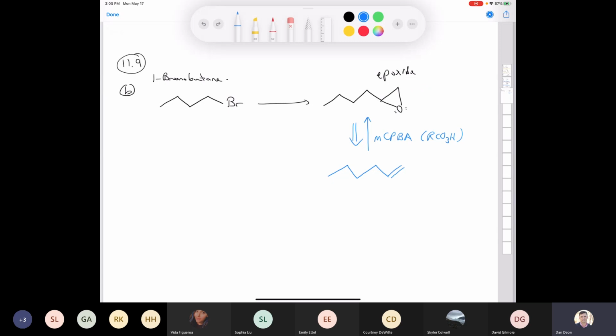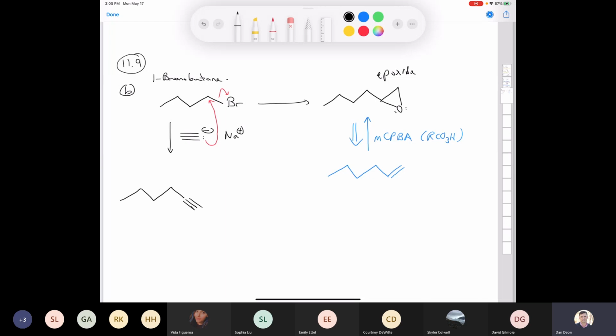So now we want to go from a compound that has 4 carbons to a compound with 6 carbons. Well, we don't know a whole lot of ways to grow a carbon skeleton, do we? But if we treated this with sodium acetylide, we would do an SN2 reaction like this, and that would give us a molecule that looks something like this, right?